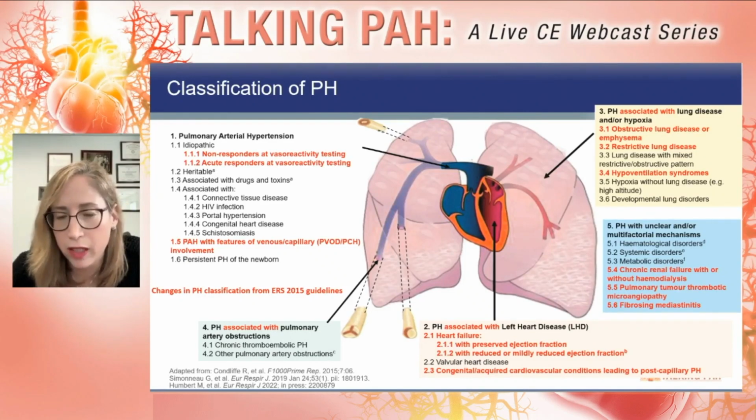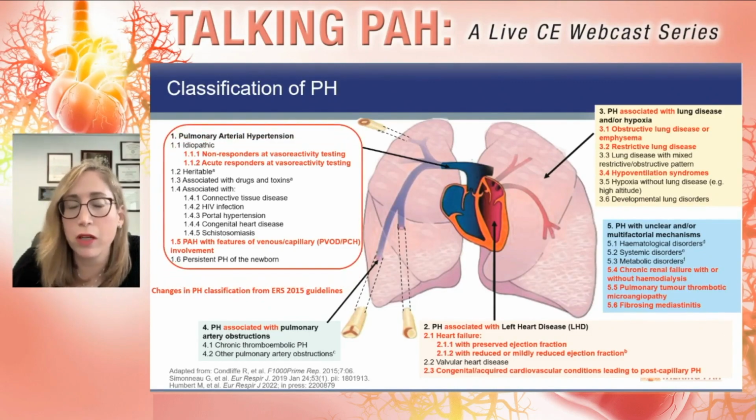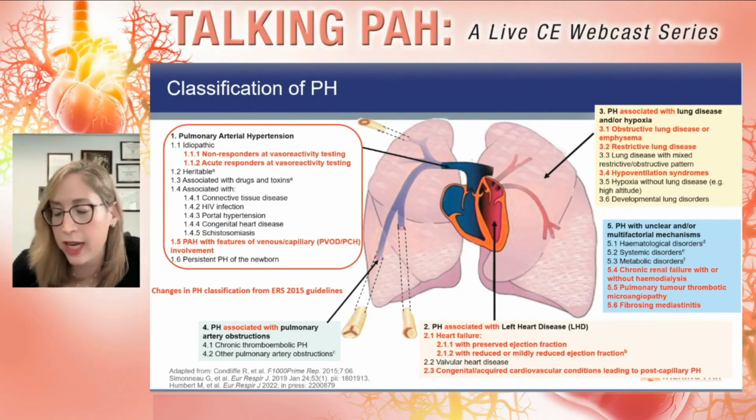It's really what we call heart failure with mildly reduced EF, or mid-range EF, and then congenital cardiovascular conditions. With lung disease, we have obstructive lung disease or emphysema, restrictive lung disease, and restrictive obstructive, and then hypoventilation. And we made chronic renal failure with or without hemodialysis, thrombotic microangiopathies from cancers or tumors, and fibrosing mediastinitis. But for the purpose of today, we're going to be focused just on group 1 PAH.